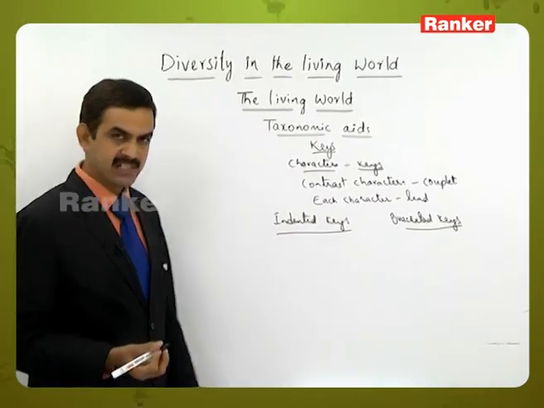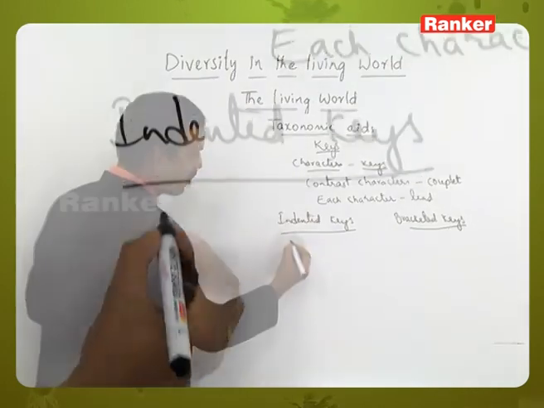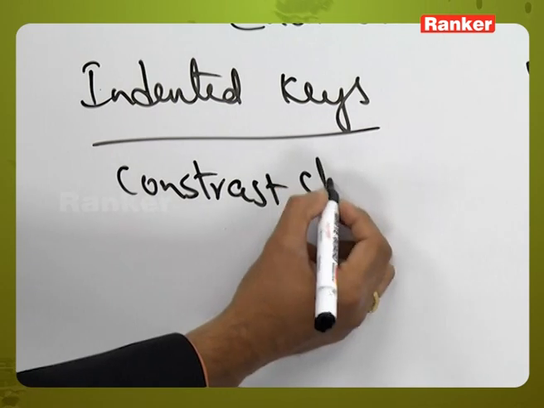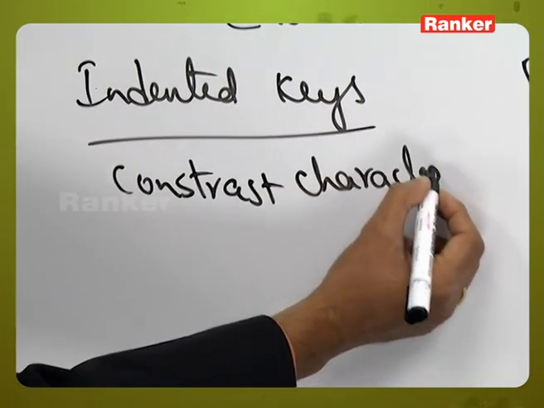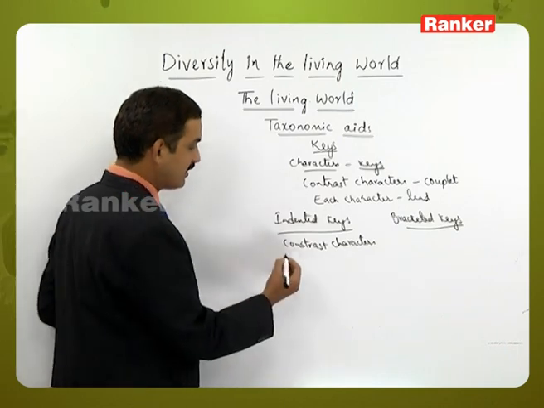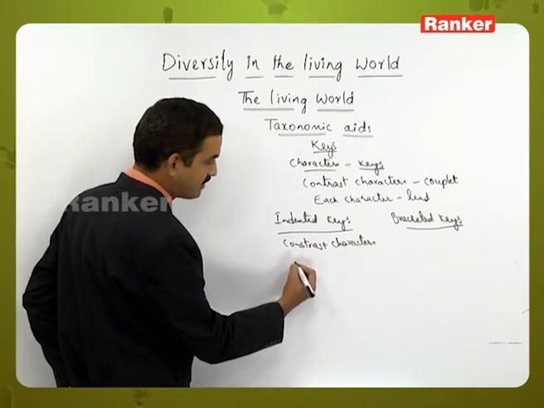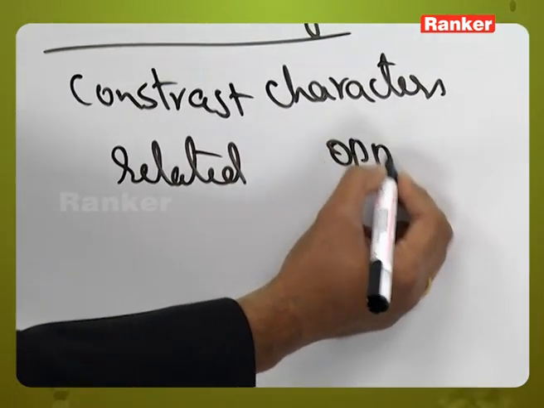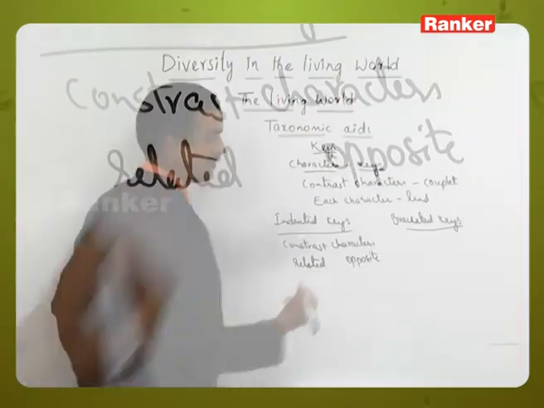In the indented keys, as I said, 2 contrast characters will be there. Out of these 2 contrast characters, each one is separated, where one is a related character and one is an opposite character.